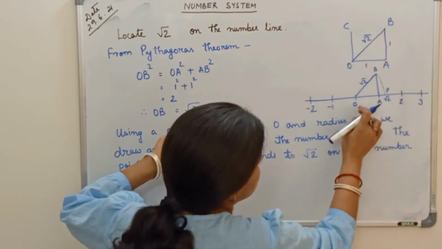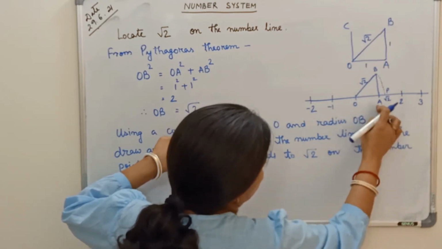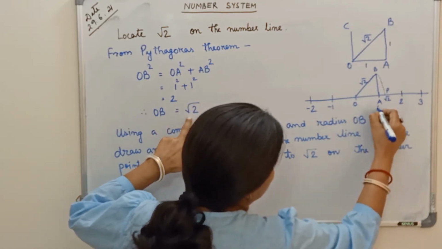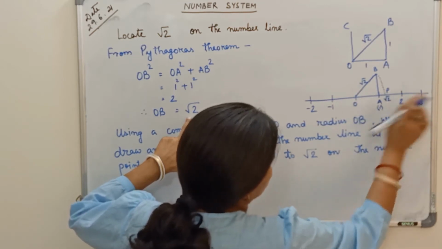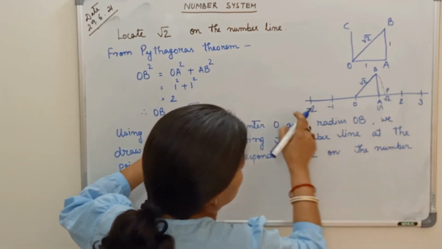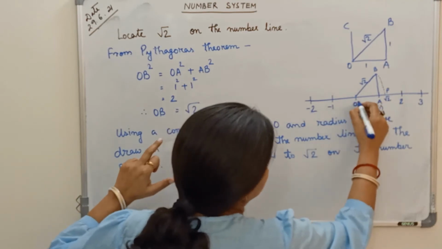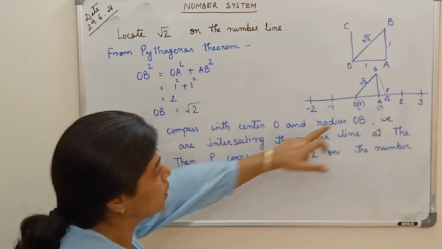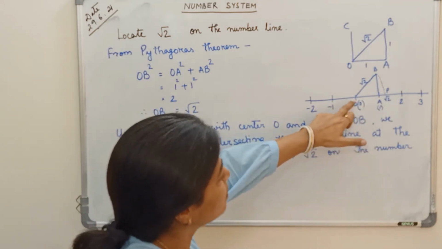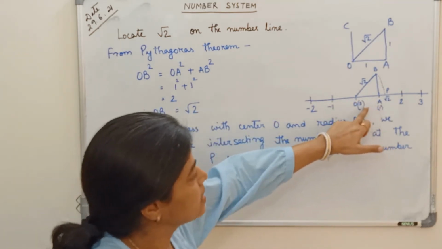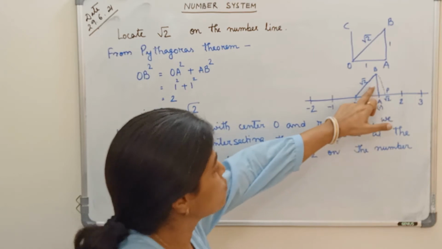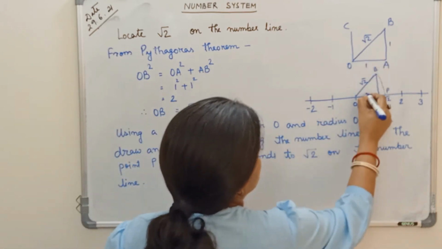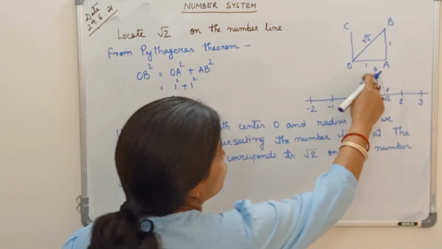Now we found this one as root 2. So if we represent it on the number line, what is A here? The position of A is 1. 1, 2, 3 I have taken on the number line, minus 1, minus 2 this side, and this is 0, and this point is named as O. I have taken 1 unit according to this. So what is this? Root 2.